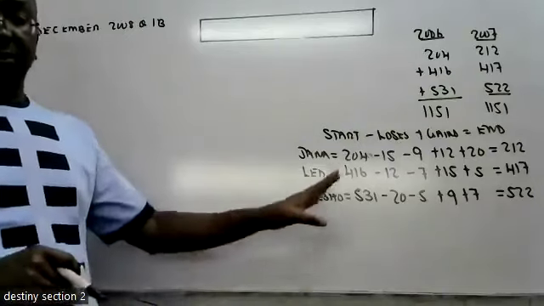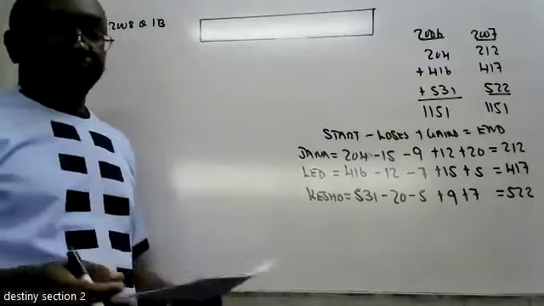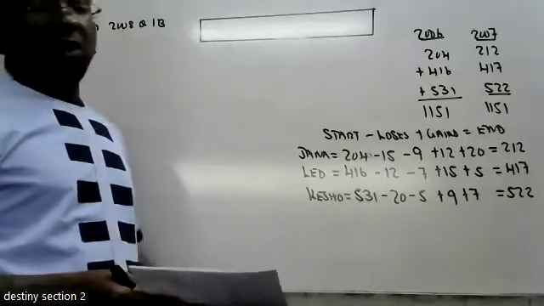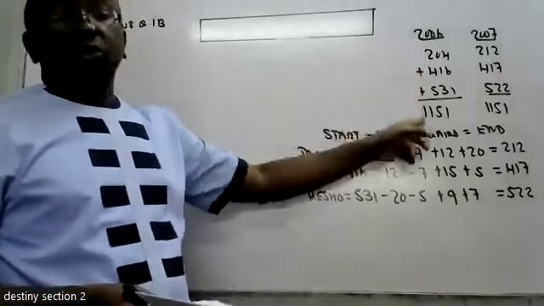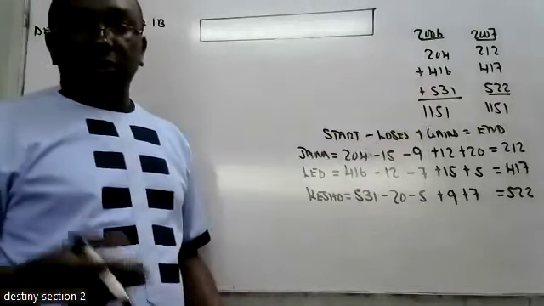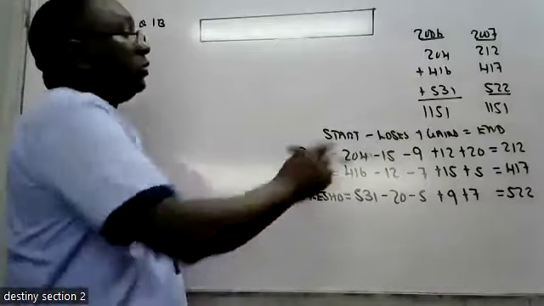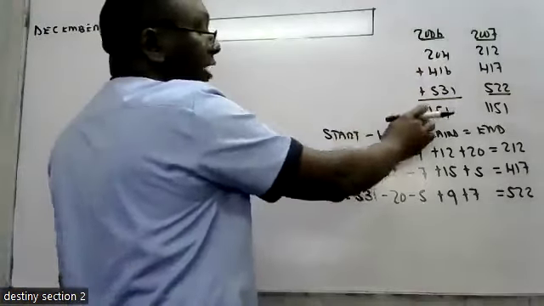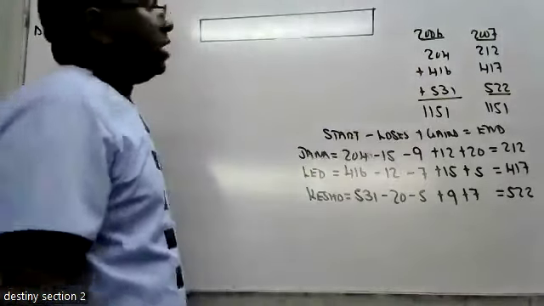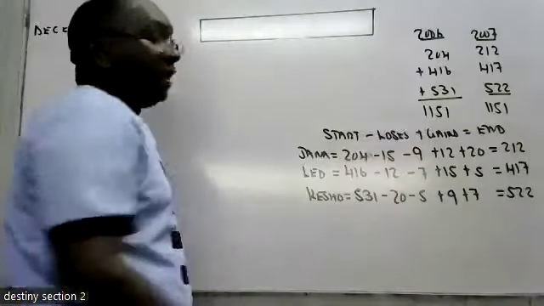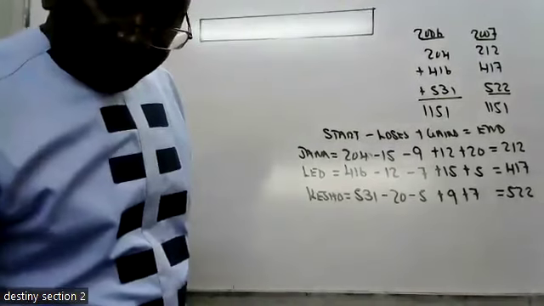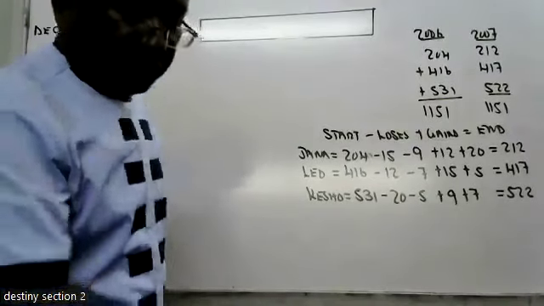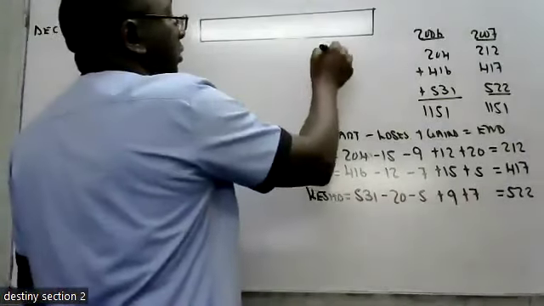So I hope you have understood that table. These ones have been given in whole numbers. If you want to convert them to ratios, you just take each year, you divide by the total. Like if I take 204, I divide by 1151. It is 0.18 or 0.17.